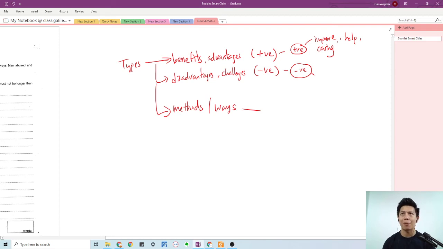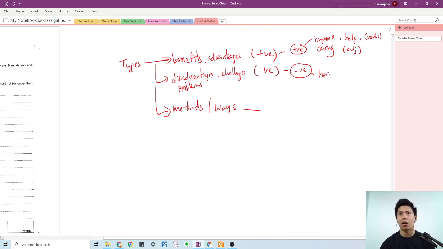Notice they can be verbs, they can also be adjective. Okay, in the first two we have verbs, in this one we have adjective. Okay, sometimes even noun, words like improvement. Whereas for the negative sort of questions, the disadvantage, problem sort of questions, you are looking at words that are negative in connotation.